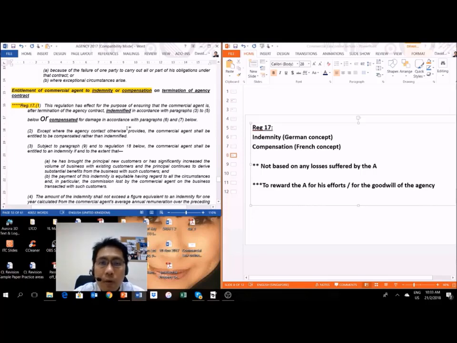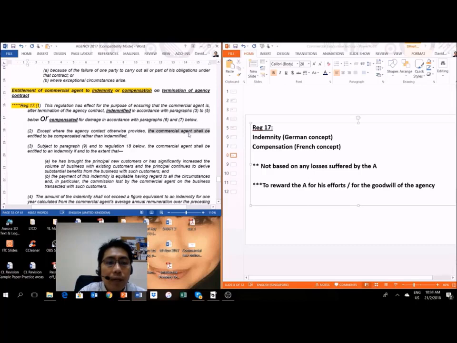But of course, although there was a choice, there's also a default rule or general rule that will be applicable, and this is by virtue of Regulation 17.2. It says that except where the agency contract provides otherwise, meaning if the contract does not say otherwise, the commercial agent shall be entitled to compensation.